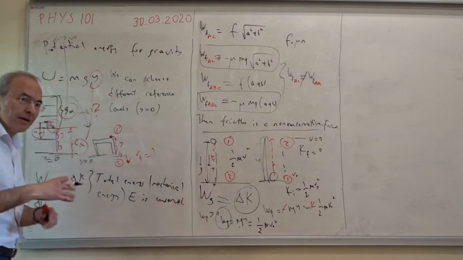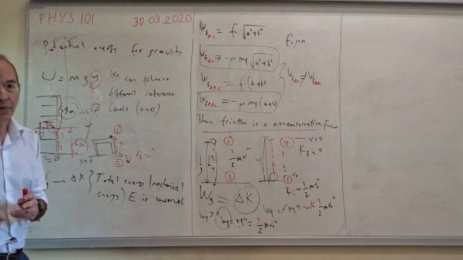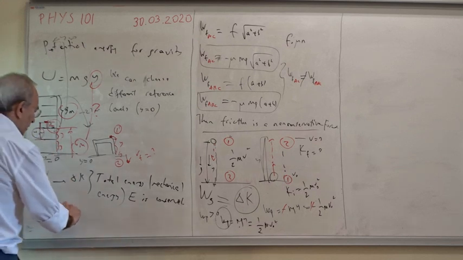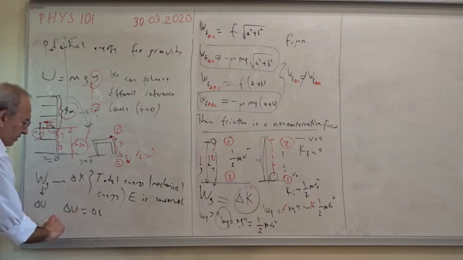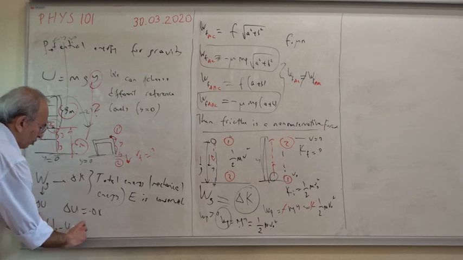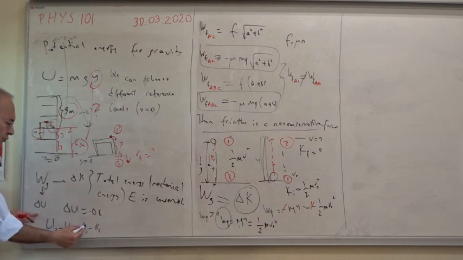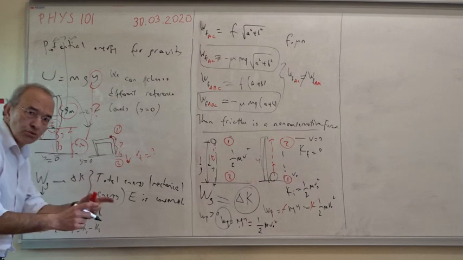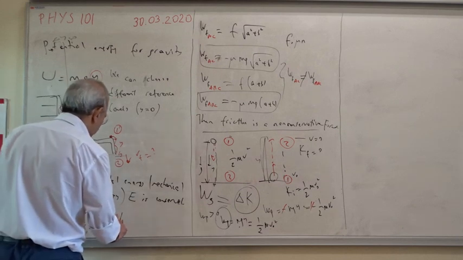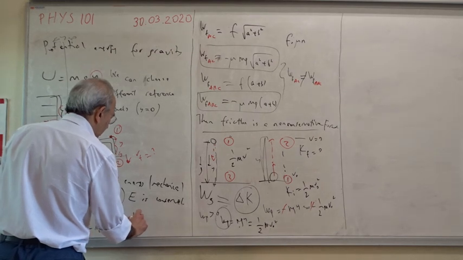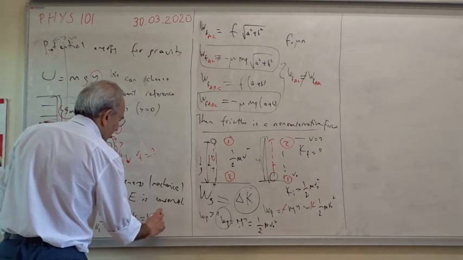How do we get this idea? Very simply, it can be shown in different ways, but the simplest way may be delta U is delta K, but it is negative. Therefore, U2 minus U1 is equal to K1 minus K2. So if you take 1s to one side, 2s to the other side, U1 plus K1 is equal to U2 plus K2.